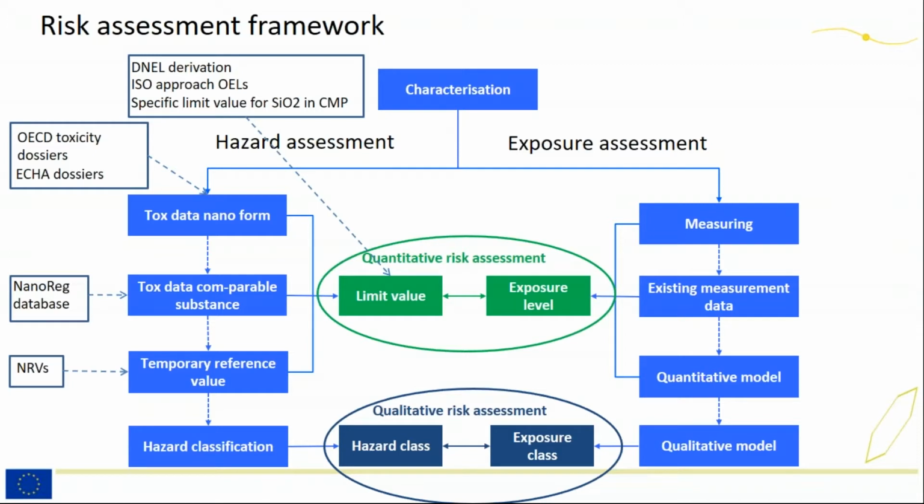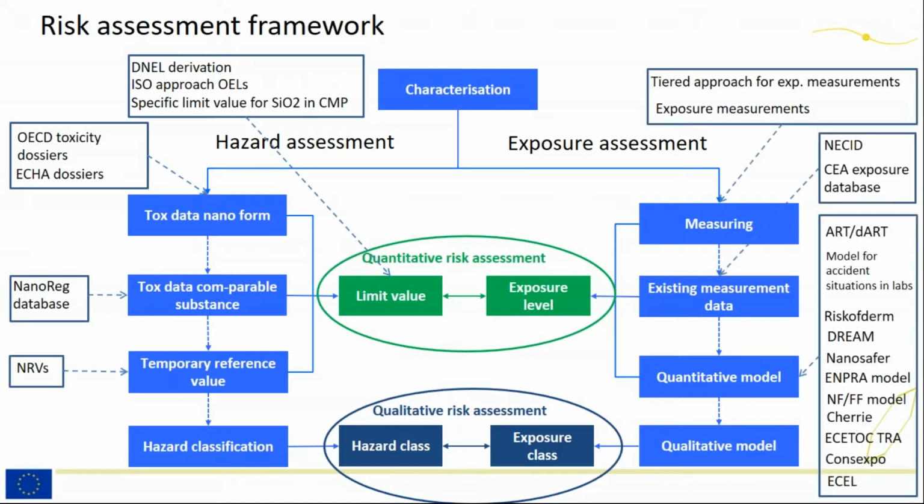On the other hand, we also found for exposure assessment different tools that were available. Of course, prescriptions how to do measurements. We found databases with measurement data, and also a couple of quantitative exposure models. But most of the tools that we found were control banding or risk banding tools.